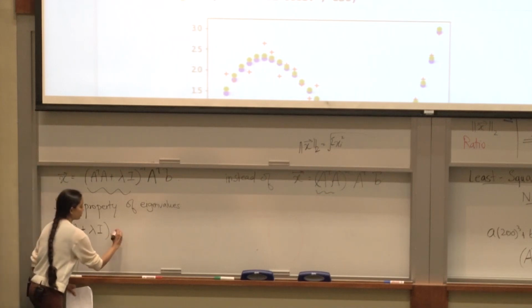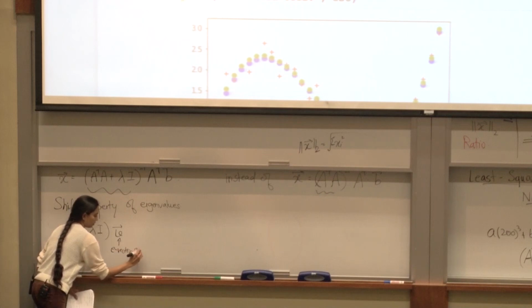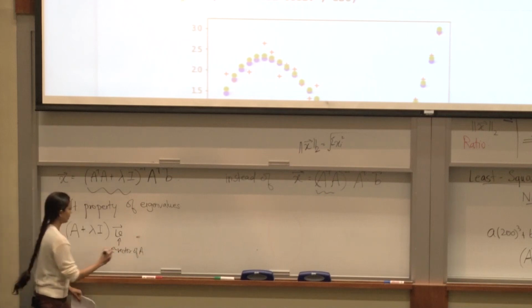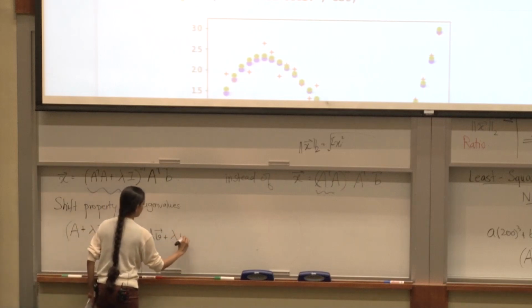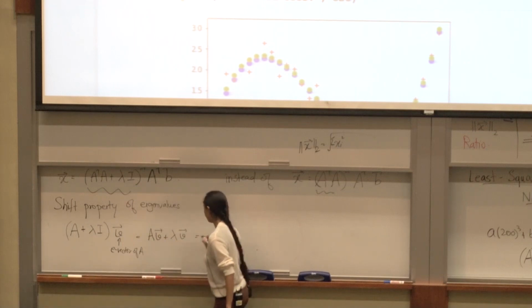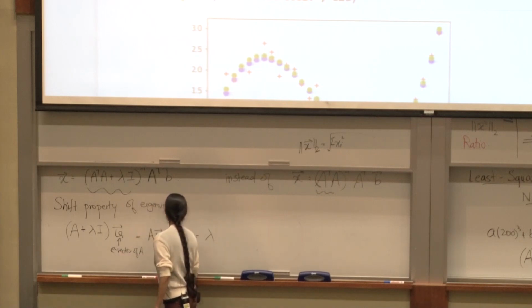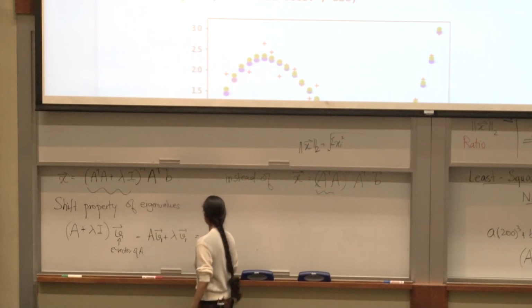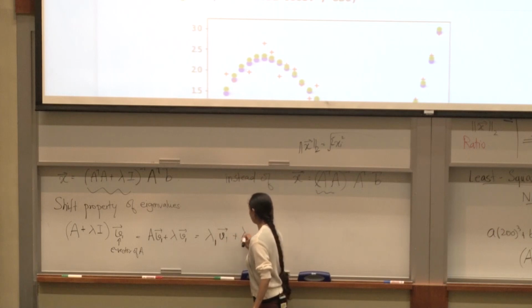Well, let's say that v1 is some eigenvector of A. What do I get out? This is just Av1 plus lambda times v1. Av1 gives me some lambda 1 v1, where lambda 1 is the eigenvalue of A, plus lambda times v1.